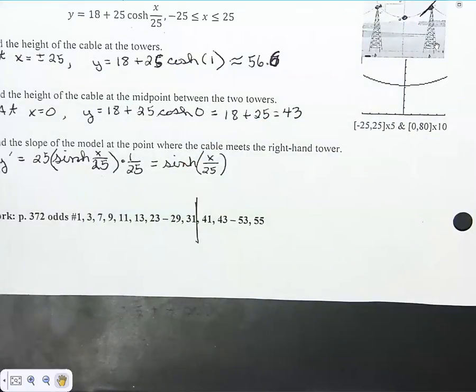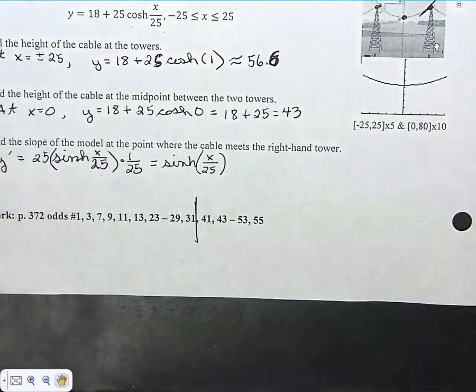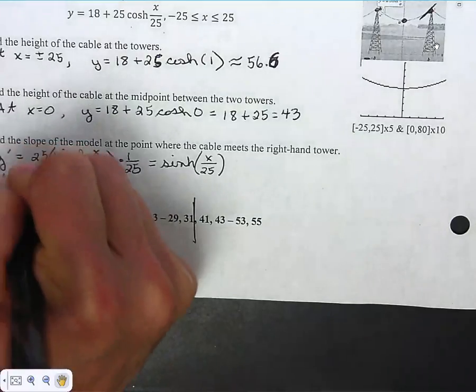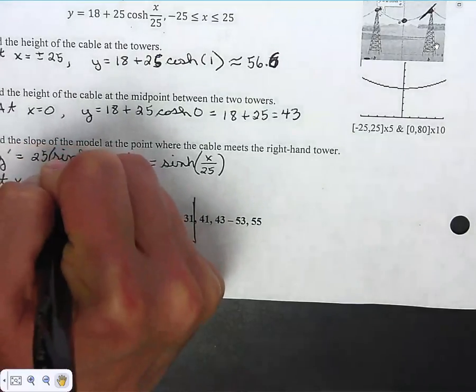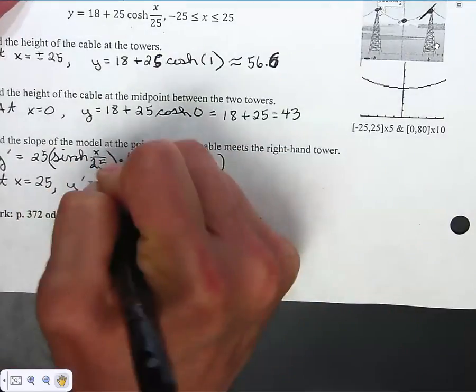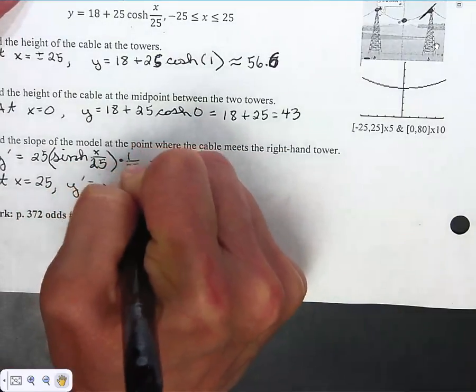Is that a slope? That can't be a slope. Slope is a number. That's an equation for finding the slope. Now we want to find the slope where? Right hand point, and how does that translate to numbers? X equals 25. At x equals 25, y prime equals sinh what?